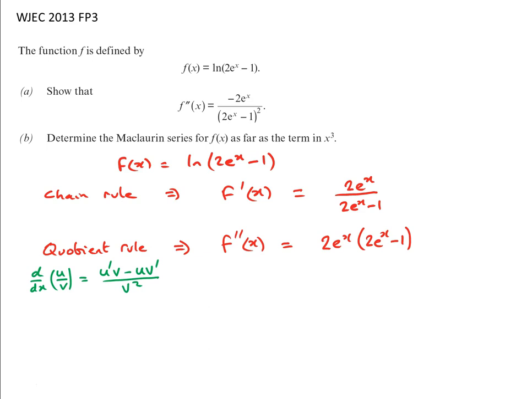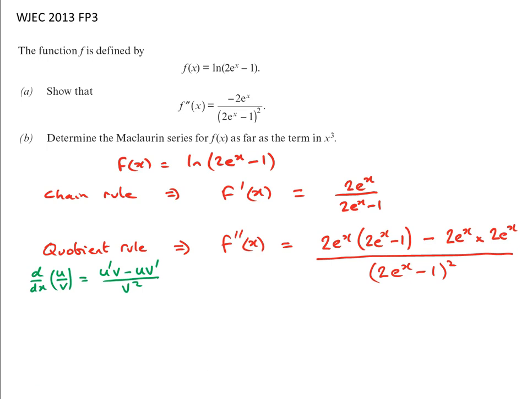We now need to subtract u times v dash. u is 2e to the x, and the derivative of v is 2e to the x as well. So the top of our fraction is completed by minus 2e to the x times 2e to the x, divided by v squared, so that's divided by 2e to the x, take away 1, all squared.